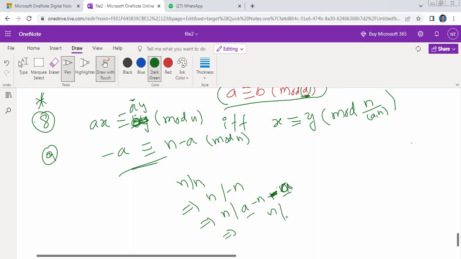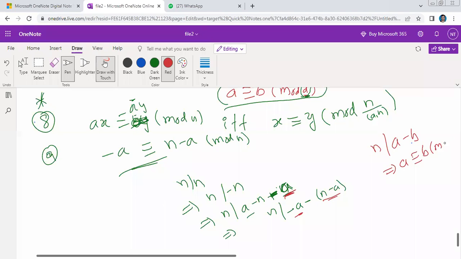Writing minus a first, what are the rest of the elements? Minus a, and n minus a. Same equation. So according to our rule, n divides a minus b, then a congruent to b modulo n.